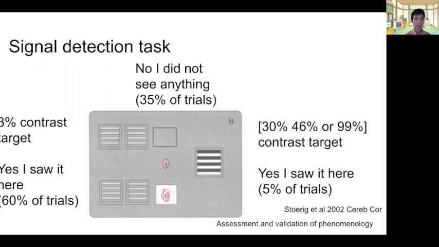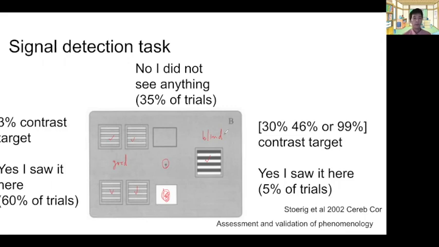And that induces the brief presentation of a stimulus in one of 5 locations here on the visible and good field, or this location, the bad blind field here.